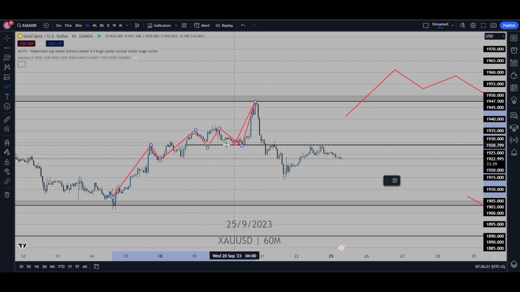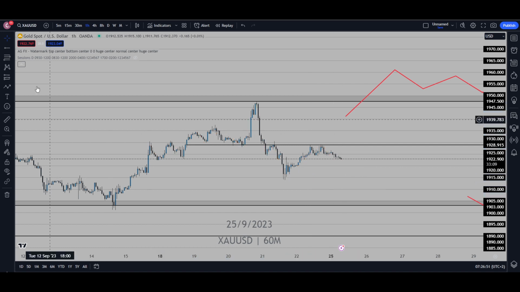And now you can see the structure right here has been broken, retested once, retested twice, and now we can start to look for potential sells in our session, moving back down to 1815. So firstly, looking to target these lows here at 1815.